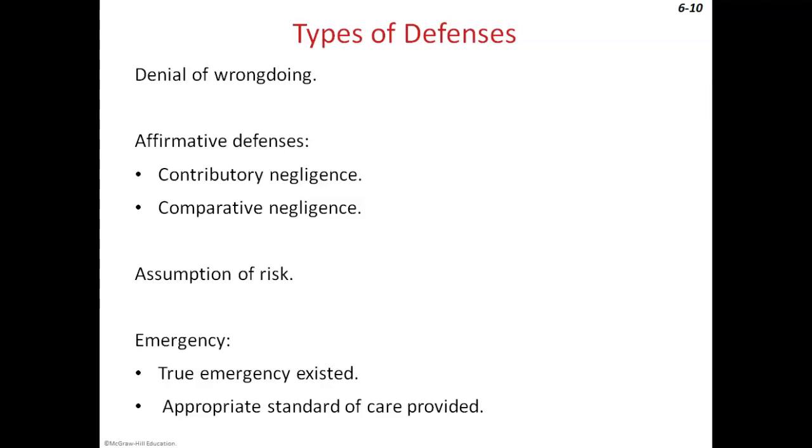Comparative negligence, on the other hand, puts it in a percentage. So it may be that the doctor was 75% to blame for the injury and the patient was 25%. In comparative negligence, because both parties shared a percentage of the negligence, damage awards will only be awarded to the percentage of the doctor's portion.